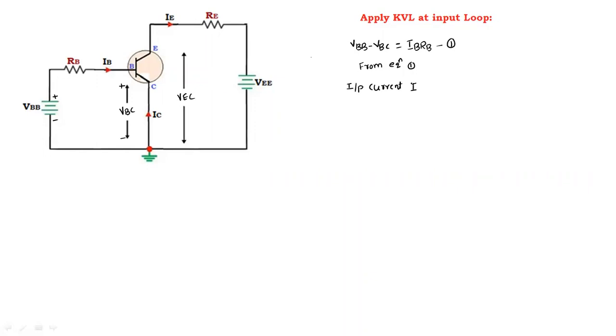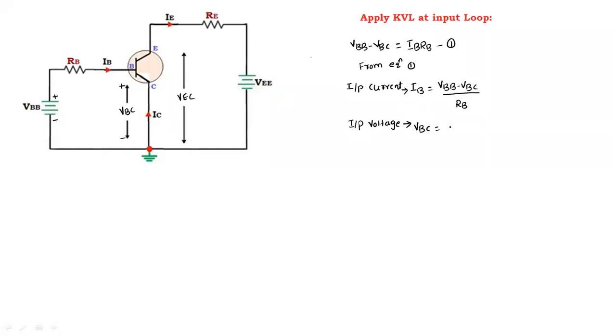If you separate IB from equation number 1, we will get IB equals VBB minus VBC divided by RB. This is the input current equation. From equation number 1 only, we also separate the input voltage. Here, the input voltage is VBC. Separate VBC from equation number 1.